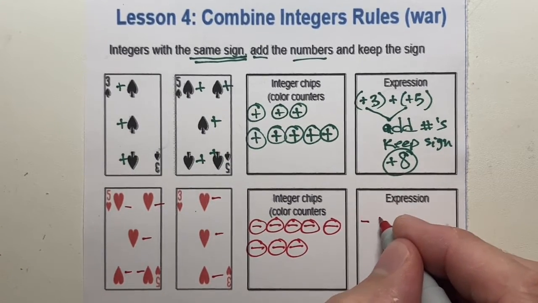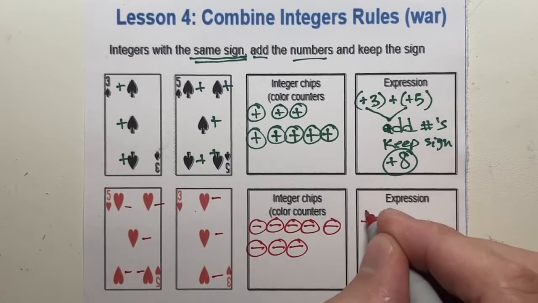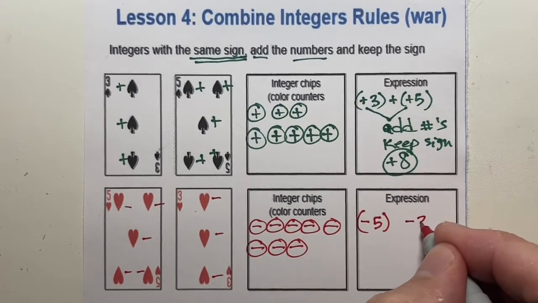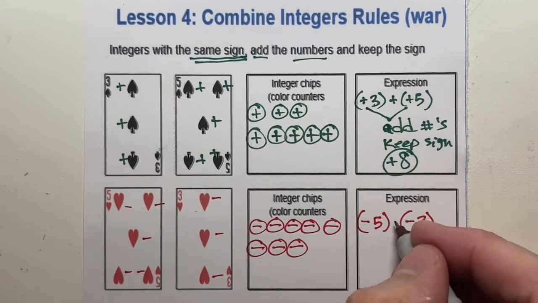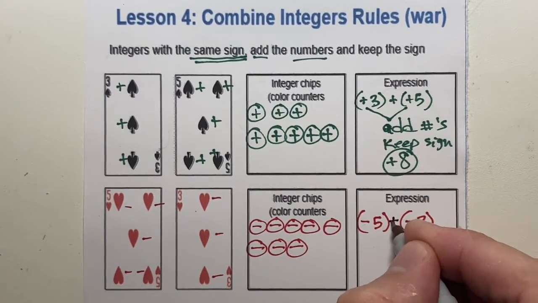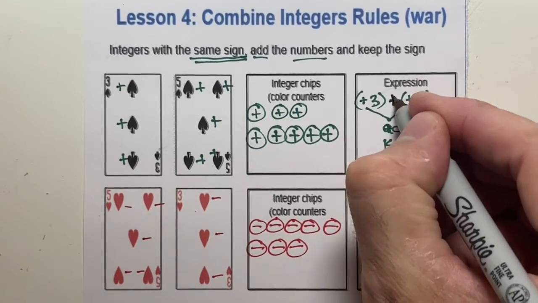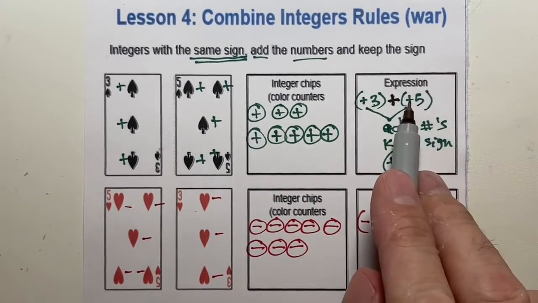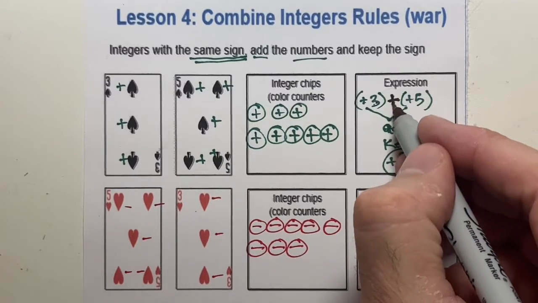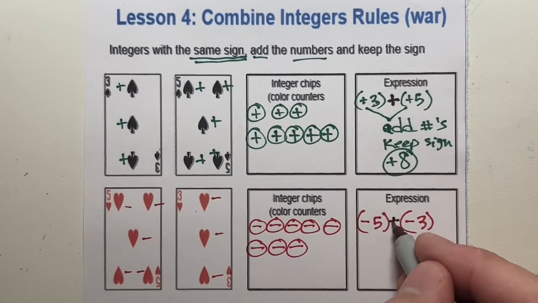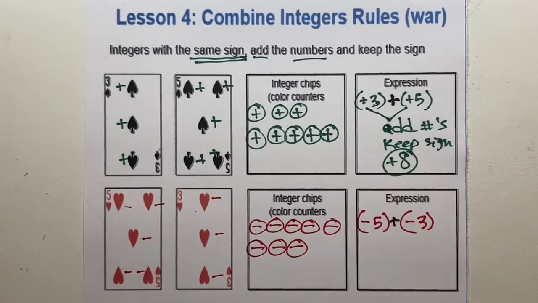So we have negative 5, and we have negative 3. And I'm going to put this in the middle as a separate symbol. So this just means we're combining. So the integer sign goes with the number, the integer sign goes with the number, and then in the middle, that's our operation. It means we're adding these, we're putting these two together.